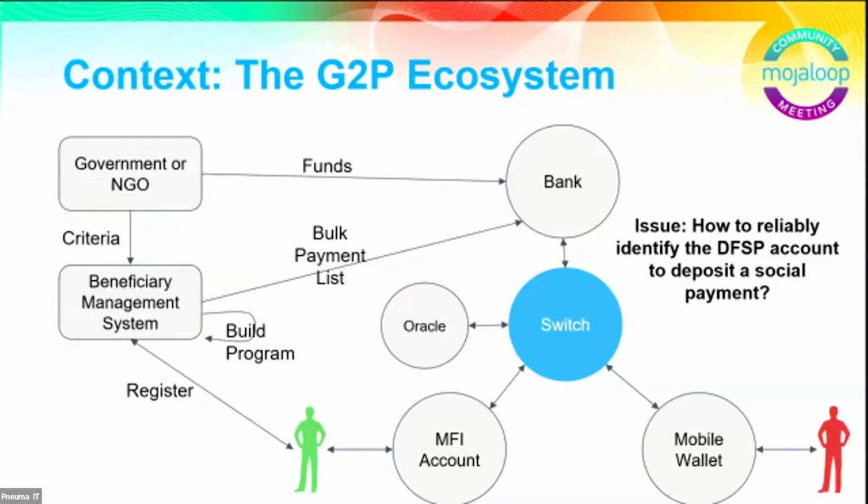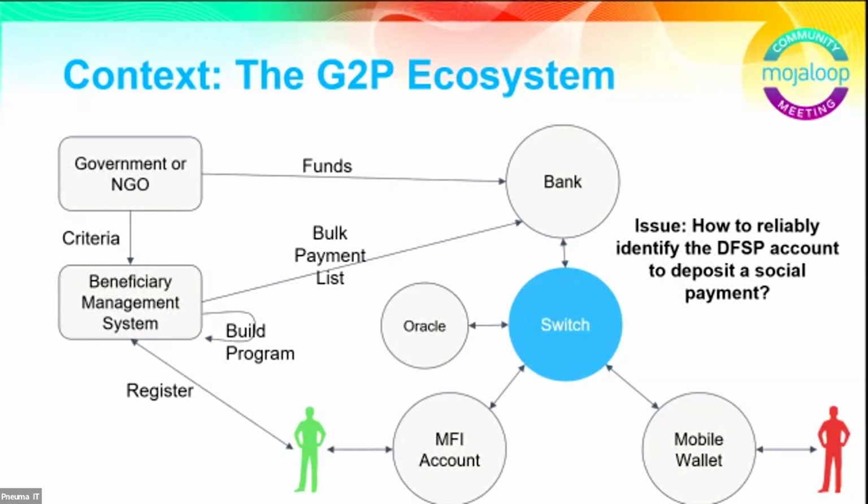Now, in the past, this has been done by mobile phone number, MSISDN, but that's kind of unreliable. People change their numbers, people change their mobile wallet providers. And in many countries, such as Myanmar, you have many mobile wallets associated with the same mobile phone number. So we look to see, can we use other aliases? And an obvious one is actually a national identity number.